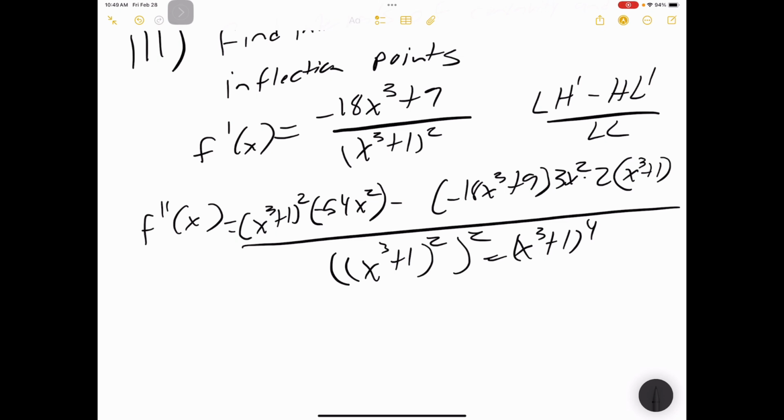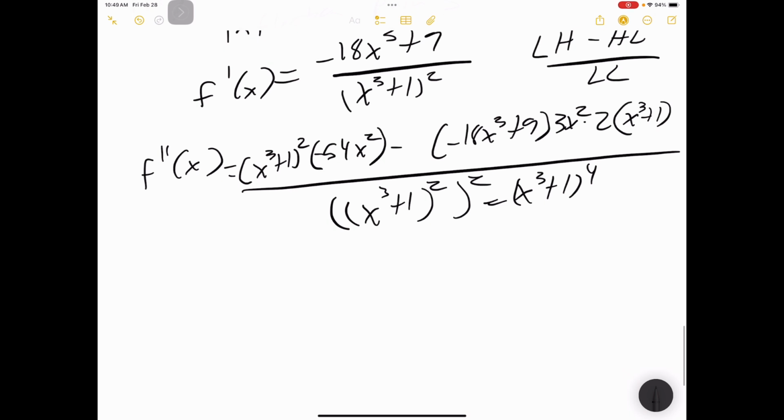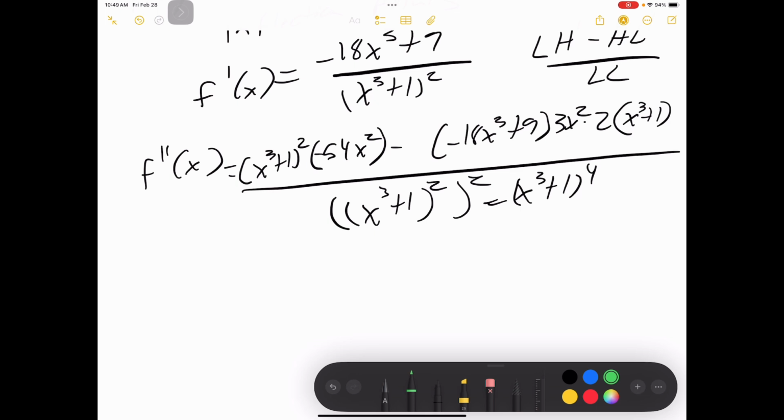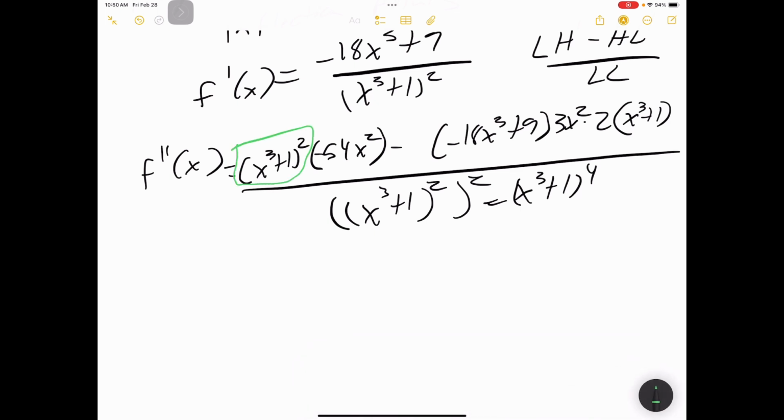Now let's do a little bit of algebraic manipulation. Let's simplify this a little bit. I see that x cubed plus 1 squared is right here, x cubed plus 1 to the 4th is right here, and x cubed plus 1 is right here. I can cancel one of them, right? I can cancel that one, all of that, and I can make this a 3.